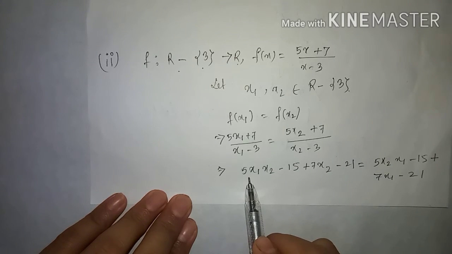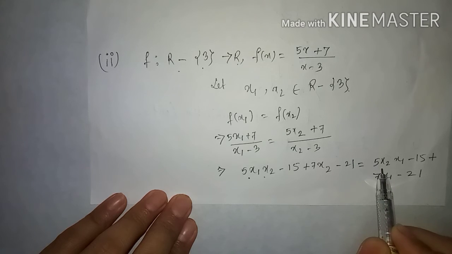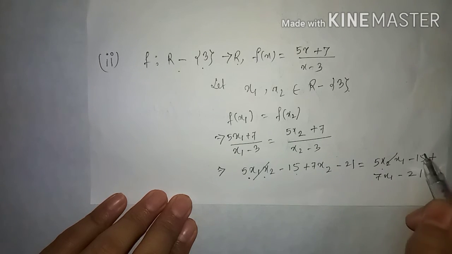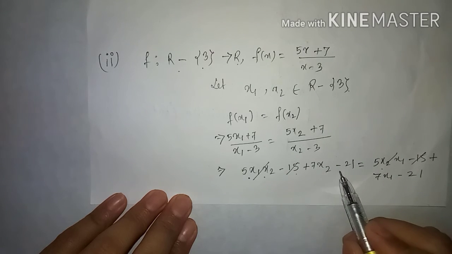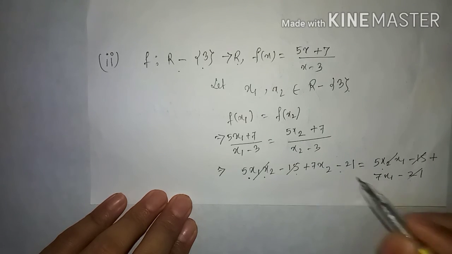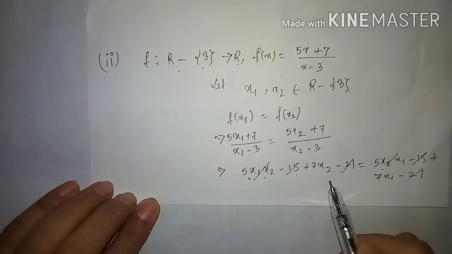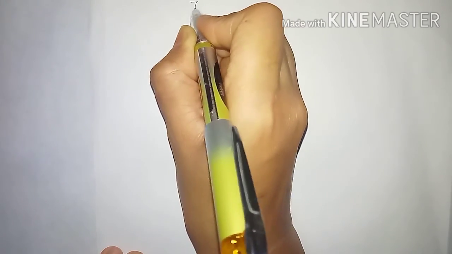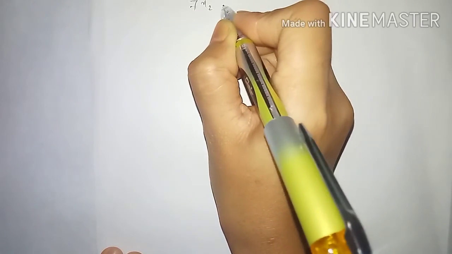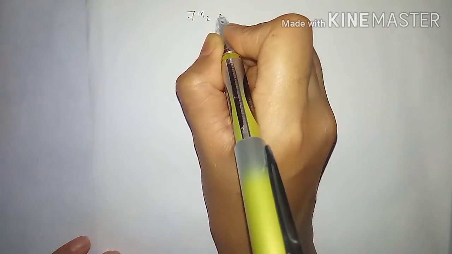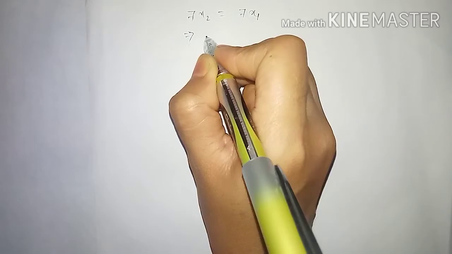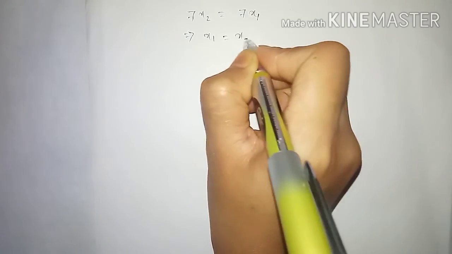So 5x1 x2 cancels out, minus 15 cancels out, minus 21 cancels out, and finally we have 7x2 equals 7x1, which is nothing but x1 equals x2.